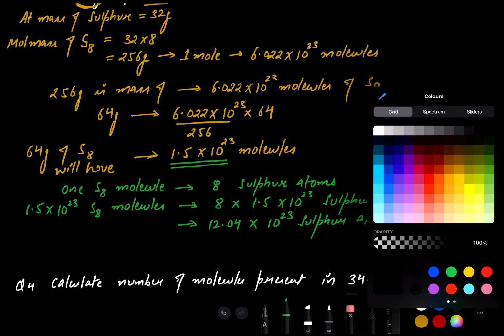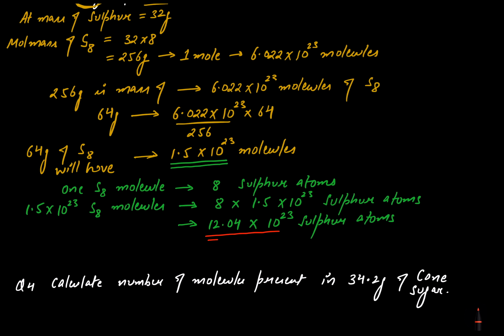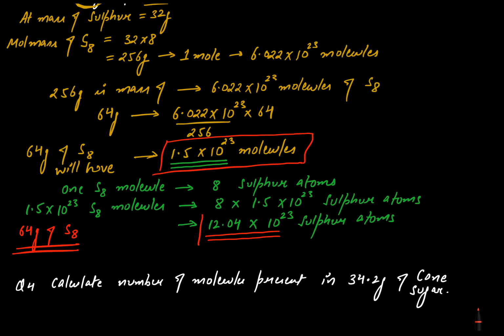That means this much amount of sulfur atoms are present in 64 gram of S8, because the question has asked the number of molecules in 64 gram of S8 and number of atoms in 64 gram of S8.